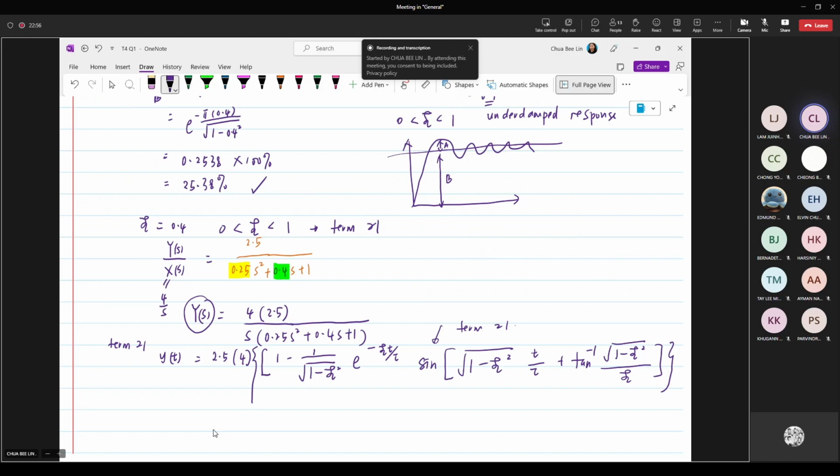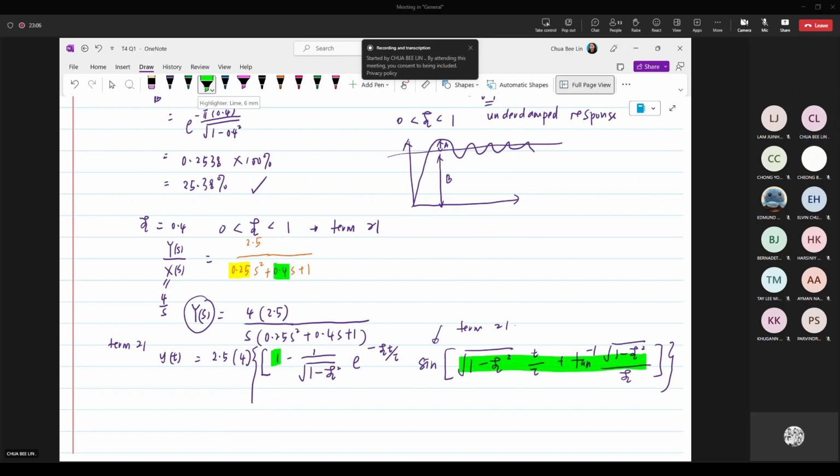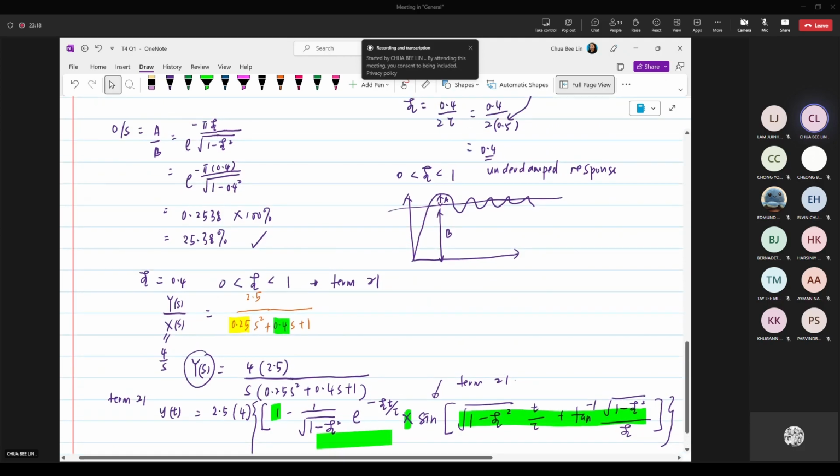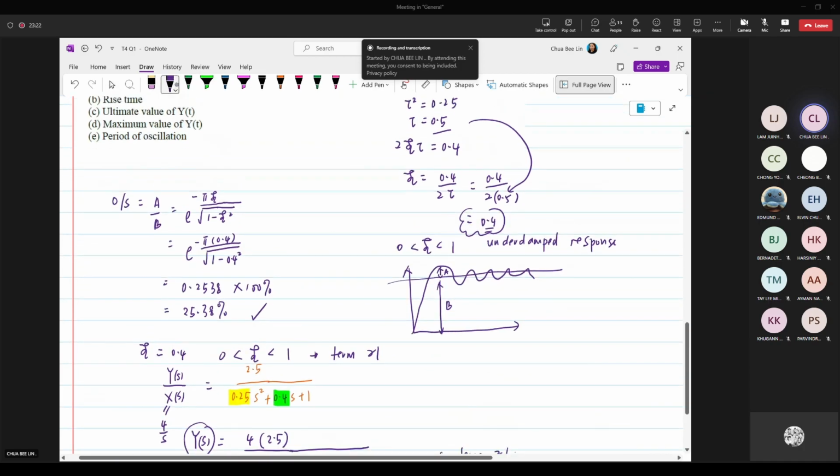So you need to solve inside all of these, then sine the whole thing, and then 1 minus this whole thing. This one is multiplied. Okay, you already solved your damping factor equals 0.4, and also your tau equals 0.5.